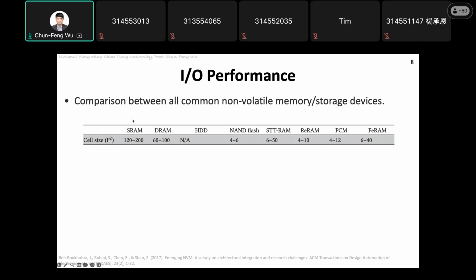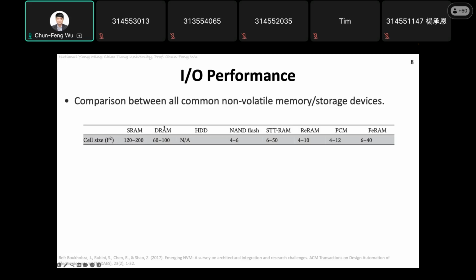For SRAM, it is 120 to 200 F squared. The unit F depends on what kind of manufacturing node we are using. If you are using 2 nanometers, then F will be 2. If you are using 5 or 10 nanometers, then it is replaced by 5 or 10.